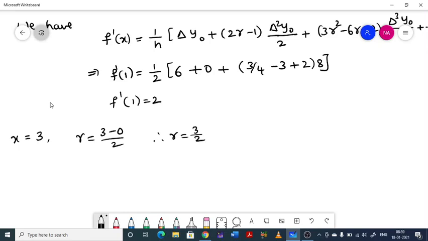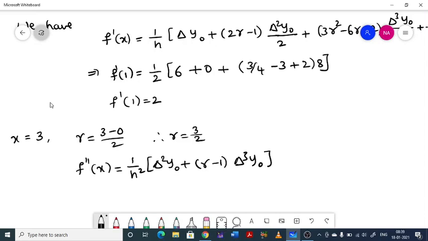Now writing the formula, we have f double dash of x equal to 1 by h square times delta 2 y naught plus r minus 1 into delta 3 y naught.